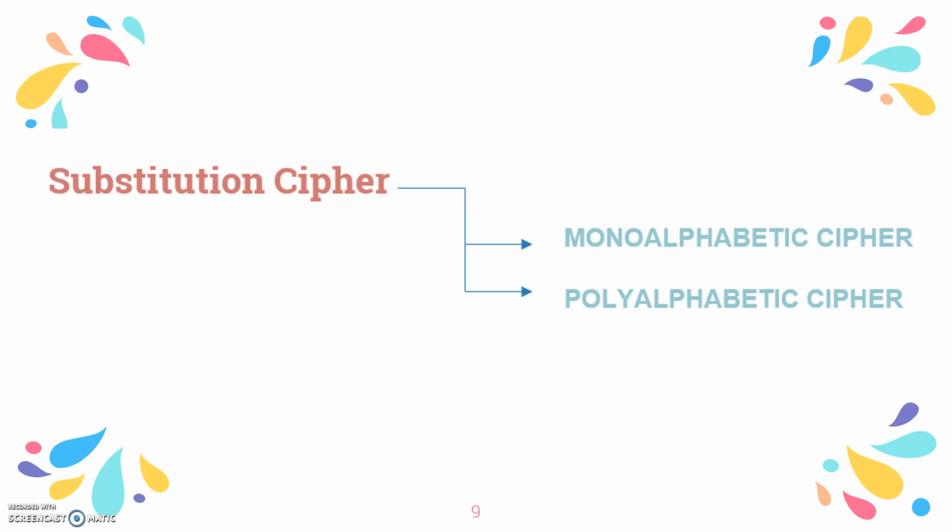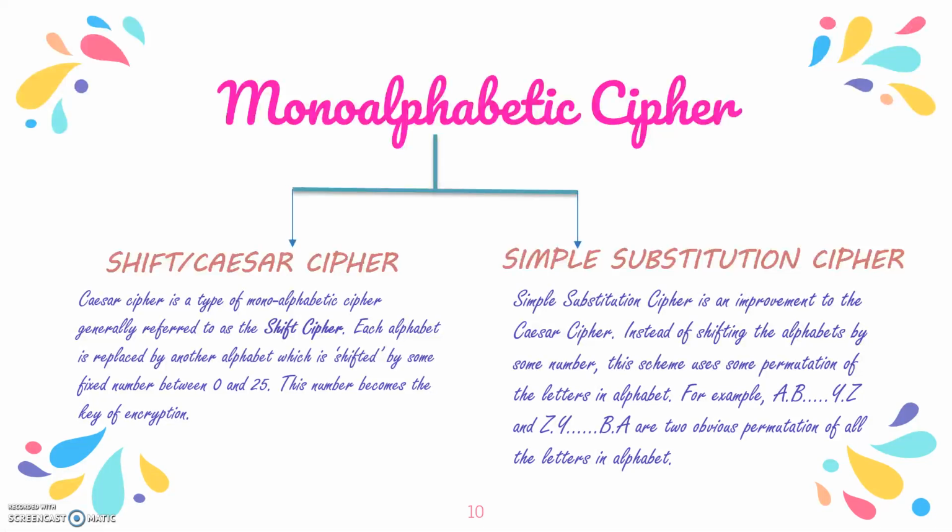Monoalphabetic cipher. Each letter of the plain text is substituted by another letter over the entire message to form the ciphertext. Caesar cipher is one type and symbol substitution cipher is another type.